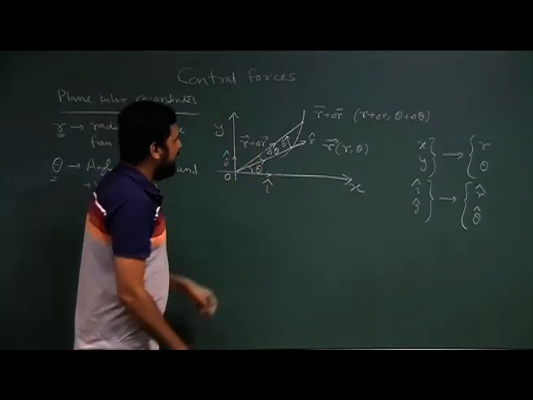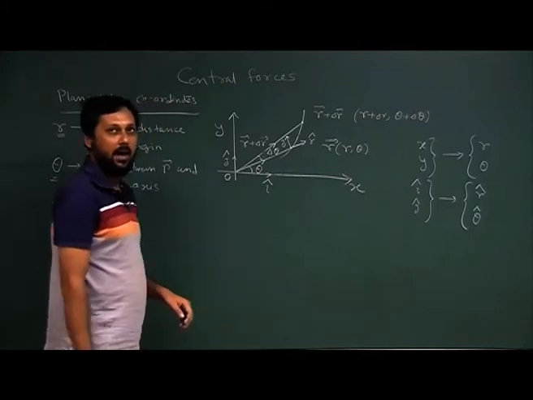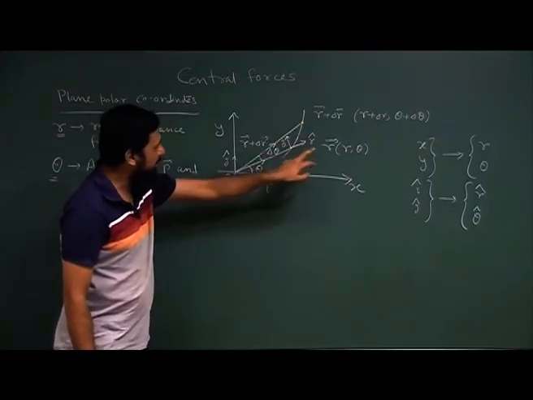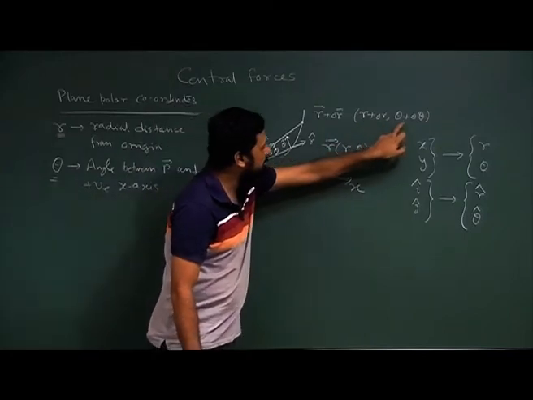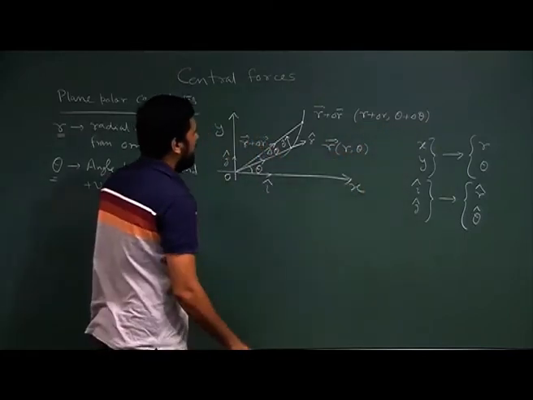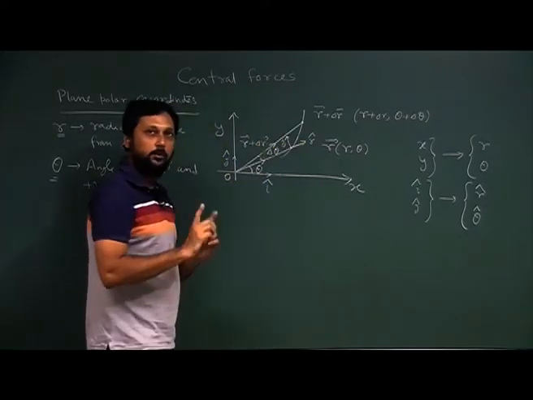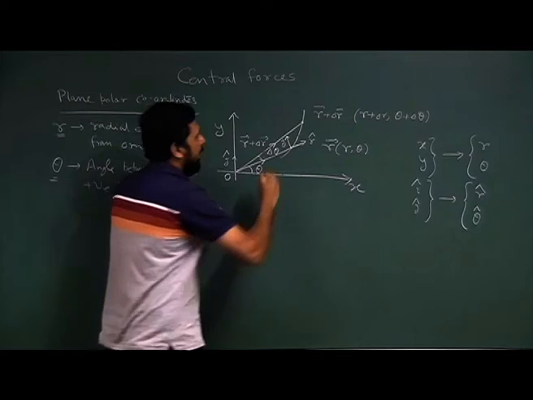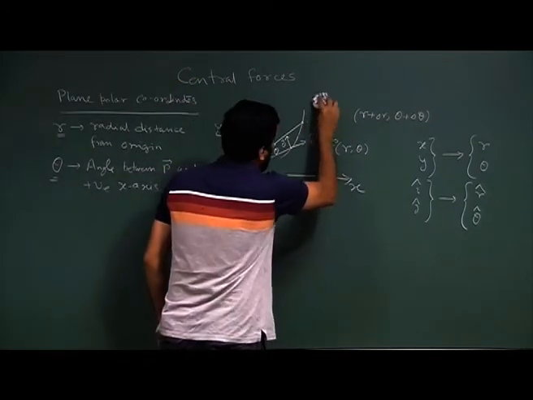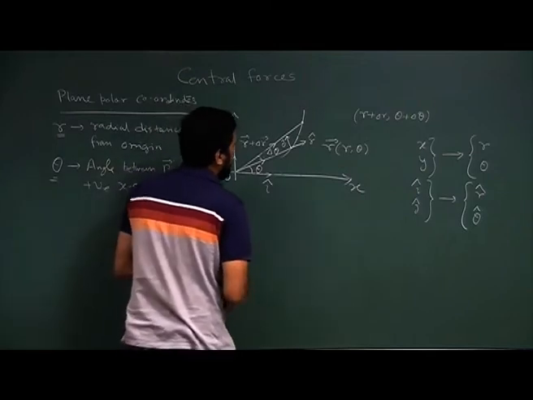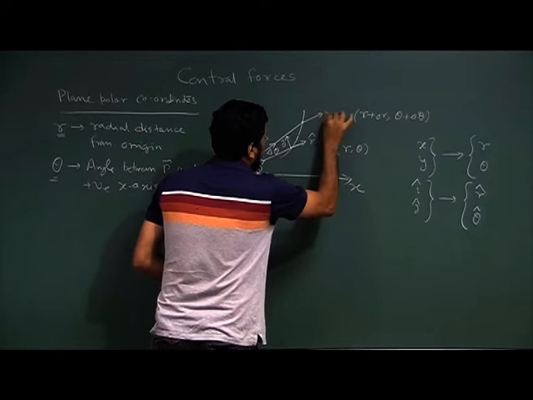But here, as we move along the trajectory of the particle, let us say when we go from r, theta to r plus dr and theta plus d theta, the direction of these unit vectors also changes. So, at this point, if we try to draw the unit vectors, we see that it is a new r cap.